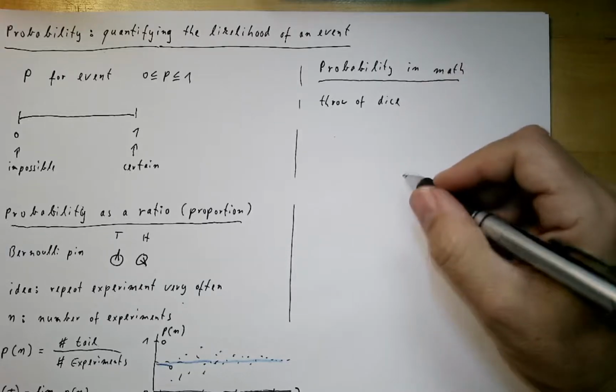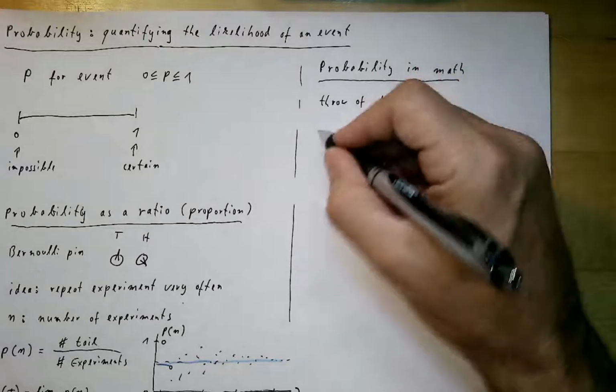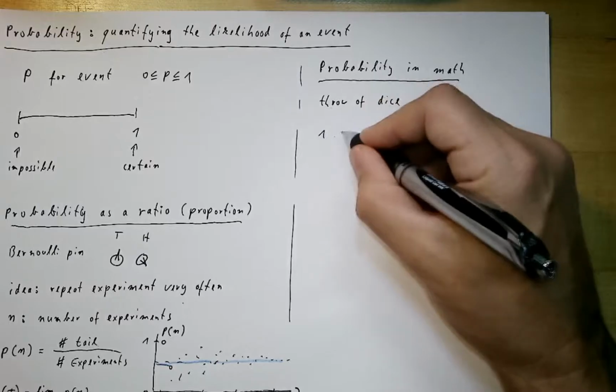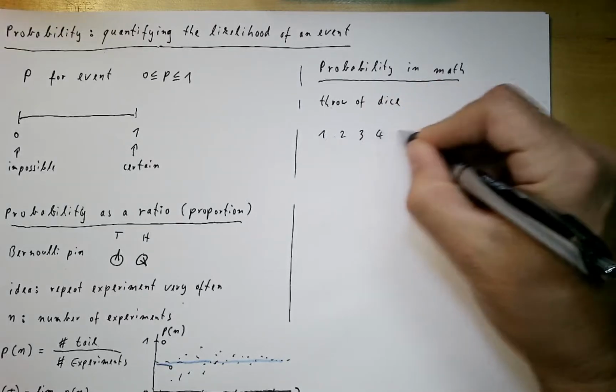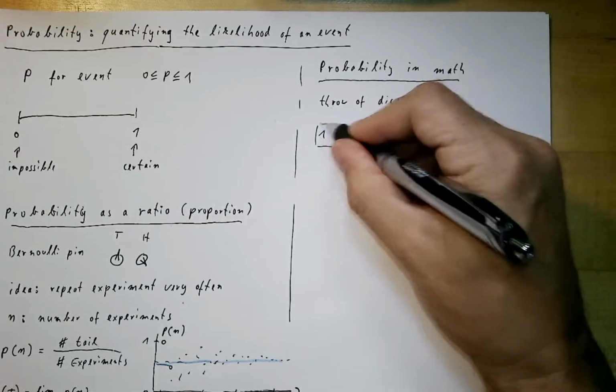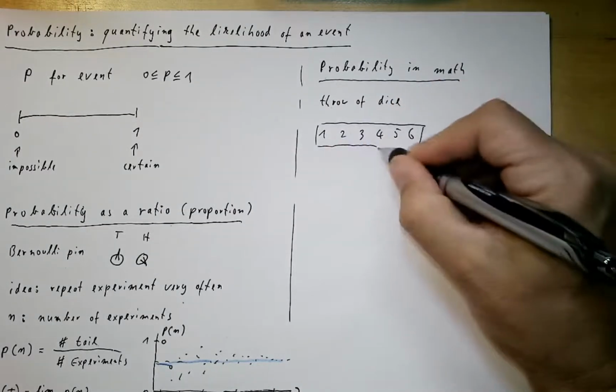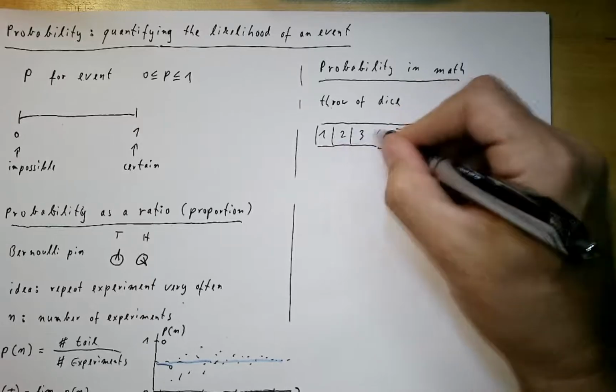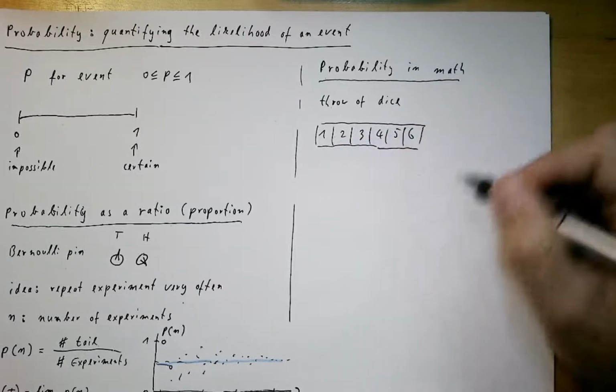And so a dice has 6 possible outcomes. We can have 1, 2, 3, 4, 5, 6. These are the possible outcomes when we throw a dice.